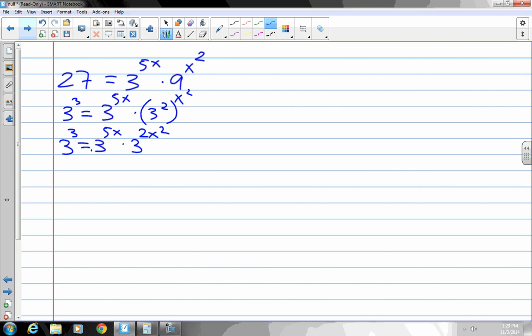So on the right side, I have a product of two expressions with the same base. So what do I do with exponents when I multiply? Add them. So actually, the other side is 3 to the power 2x squared plus 5x.